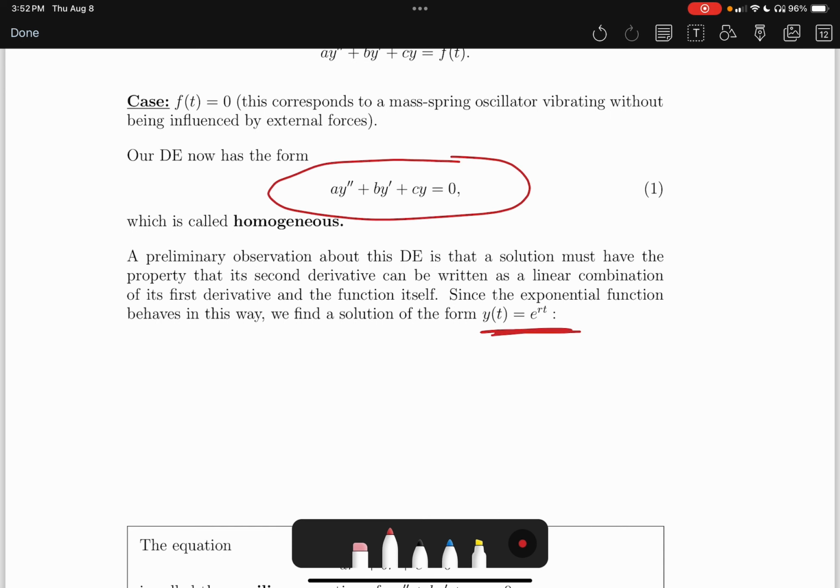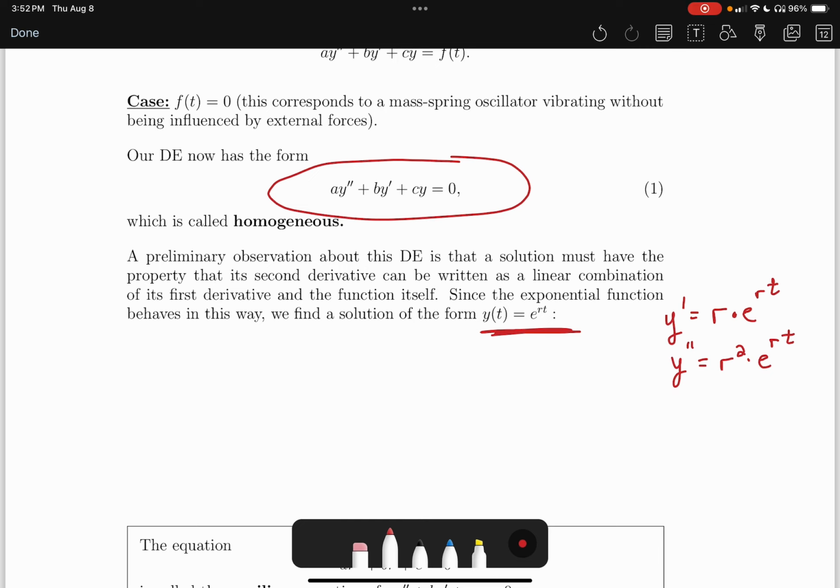If I take this y equals e to the rt, then y prime is r times e to the rt. And the second derivative, again, is just the product of that derivative at the top. So y double prime is r squared times e to the rt.